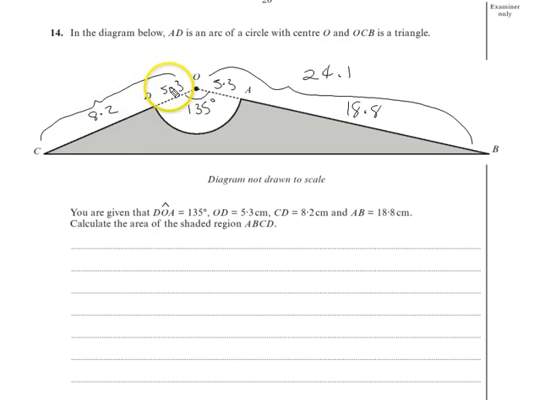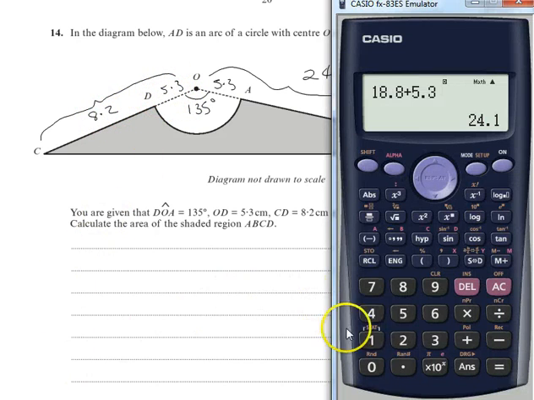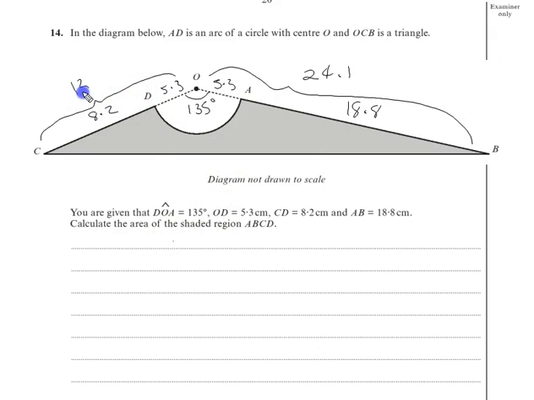It'll be 8.2 plus the 5.3, which equals 13.5. So let's put that in then. So we got that length and that length.